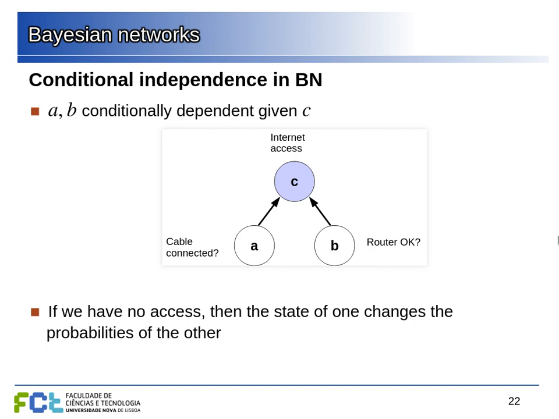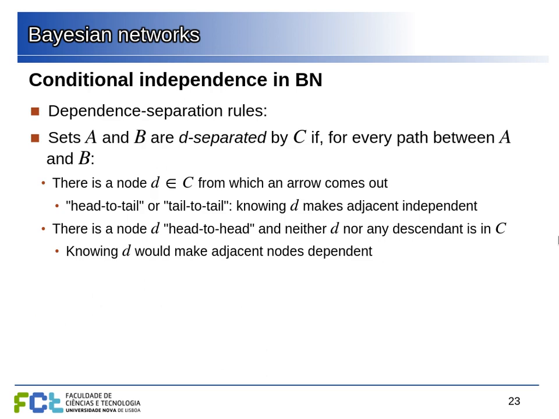Okay? So why is this important? We can extend from this. I only gave examples of three nodes at a time, but we can extend this to any size of graphical model, and we can define these d-separation rules. So we have two sets of nodes, and they are d-separated by C if for every path between the two sets we are considering, there is either a node that belongs to C from which an arrow comes out.